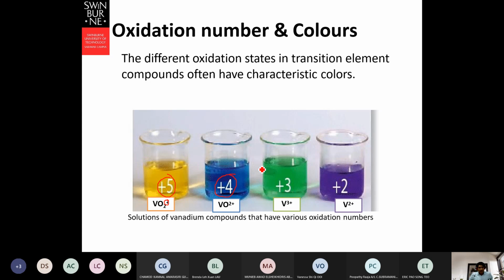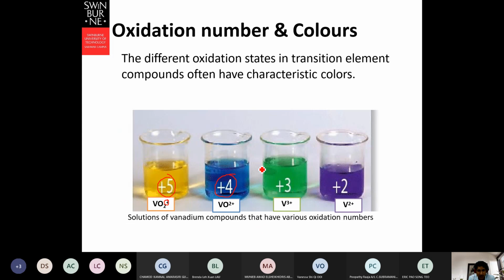So this thing is actually in real life. We can do it in the lab and see it. The same vanadium element, we are taking in a different solution or different oxidation state, and it is changing color. You don't have to take it in four different beakers.